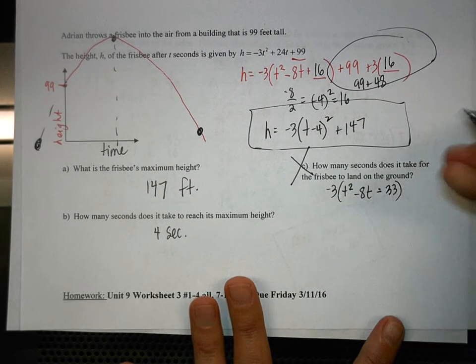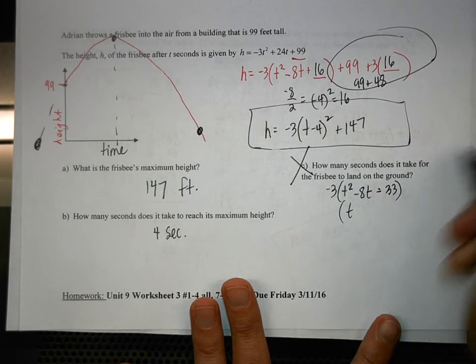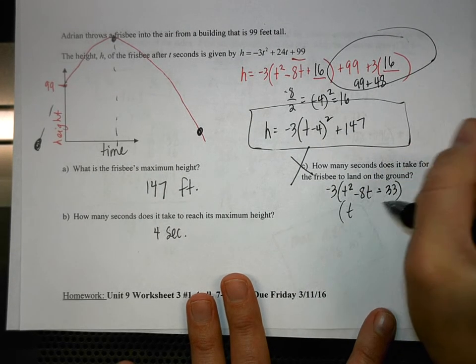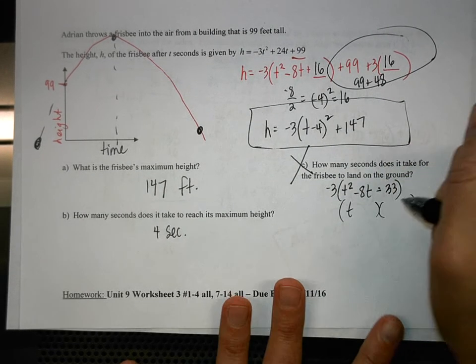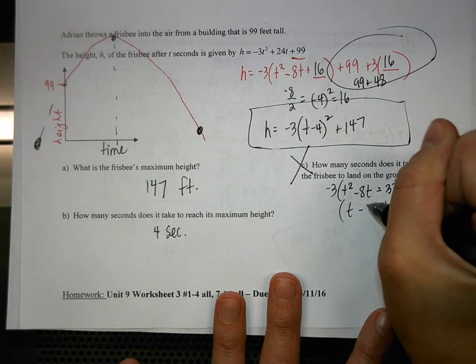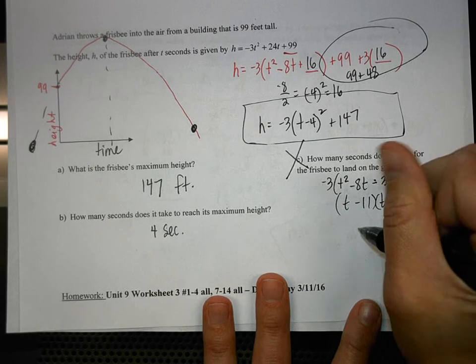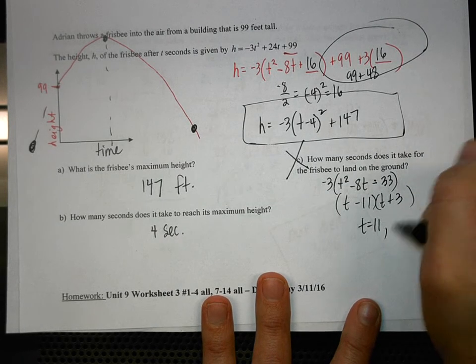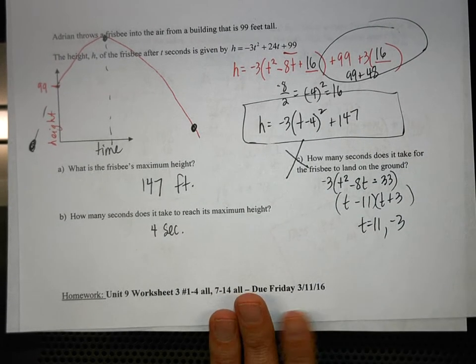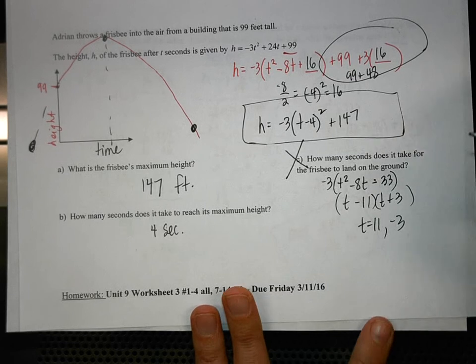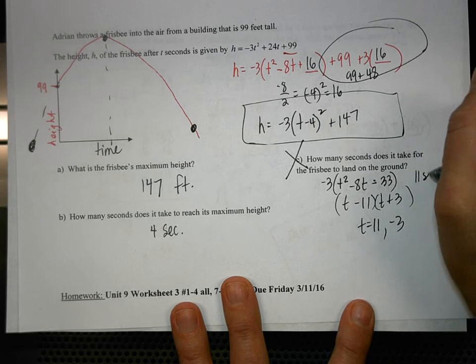I factor that. In order to get -8, what numbers multiply to be -33 and add to be -8? -11 and a +3. And when you set those equal to 0, you get 11 and -3. Well, I don't want -3 seconds. So therefore, it would take 11 seconds in order for it to hit the ground.